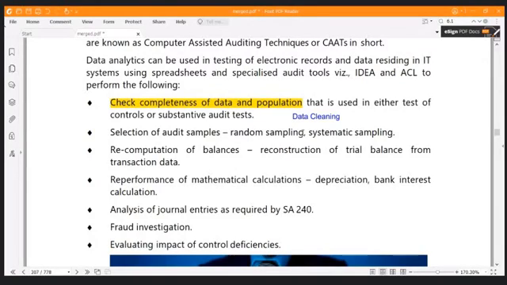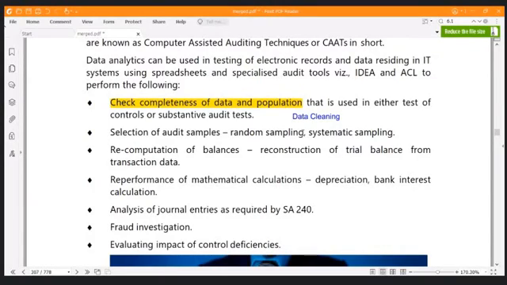So you need to modify the TB file or the ledger file in a way the software understands. You don't have to change the columns and all. You just have to tell in which column what data is available. Based on that, the software will do the automatic analysis after that. So data cleaning is always the very first aspect in any data analytics that you do.